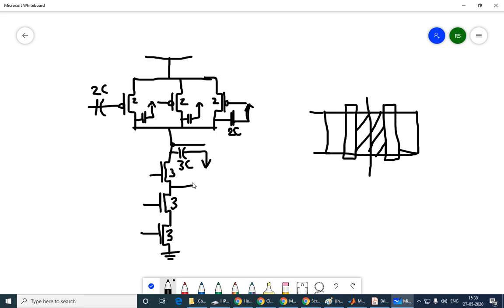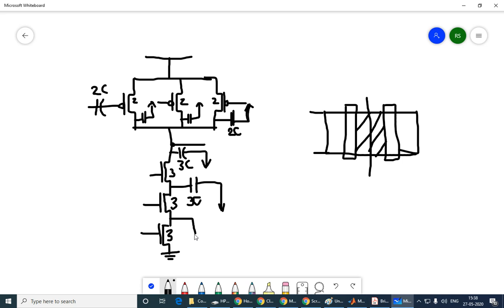So for both transistors together, an important thing to remember, there is going to be only one capacitance. And what is the value of that capacitance? It is not 3 plus 3, 6. It is not double because they are shared, which means it is going to be a single capacitance of just 3C.